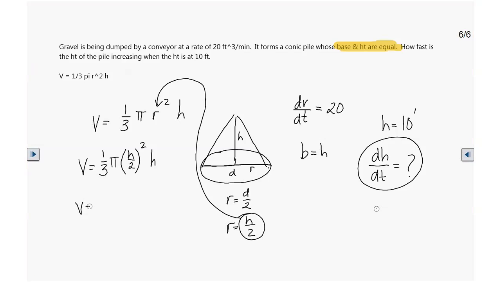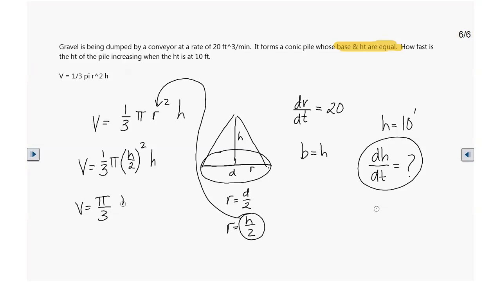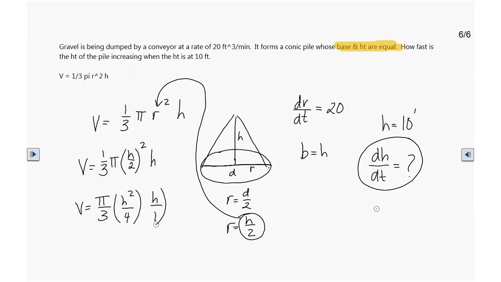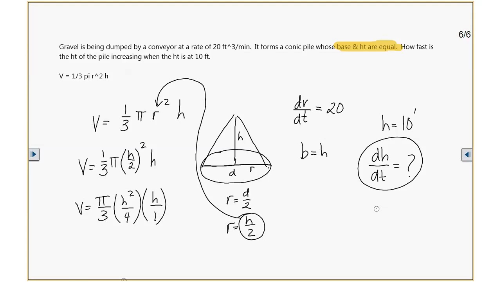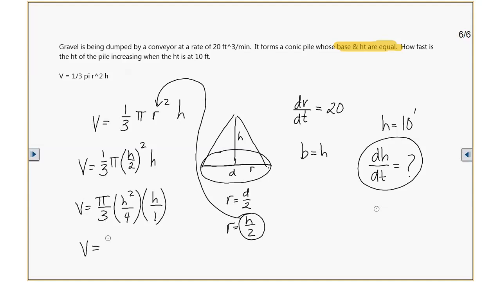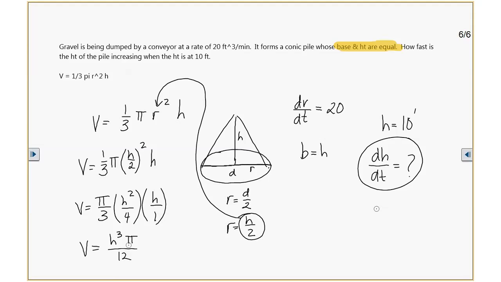V is equal to pi over 3. I get tired of writing 1/3 pi. And h squared over what? 4? Times h over 1. So V is equal to h cubed times pi over what? 12. Now take the derivative of that.